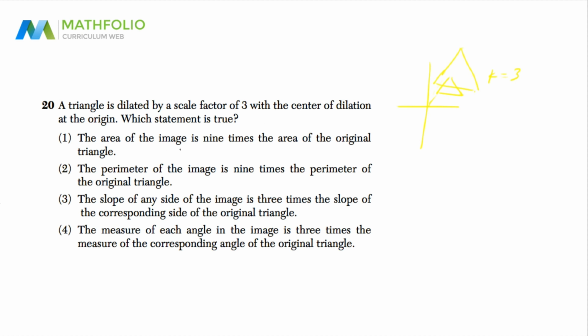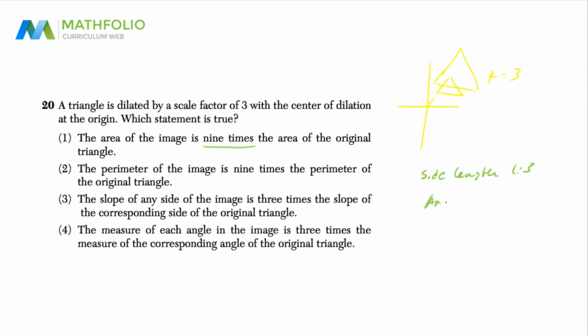So let's go through them. The area of the image is 9 times the area of the original triangle. Well, I think that might be true, because if you take something with a side length ratio of 1 to 3, then the ratio of sides is 1 unit to 3 units.